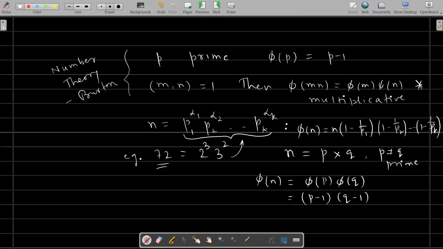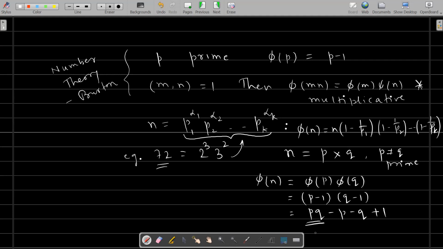But still, it's a multiplication, and as far as the computer is concerned, addition always takes less time than multiplication. So we'll try to bring it to additive form. I'll make it more simple: pq minus p minus q plus 1.